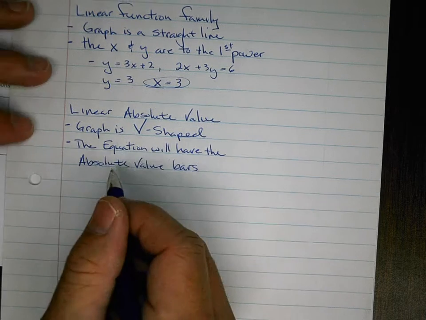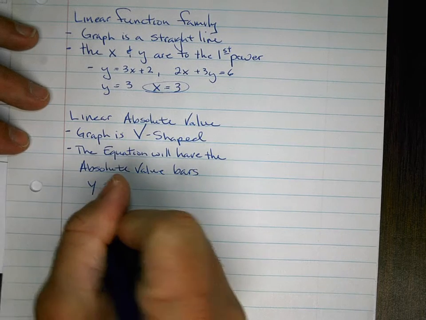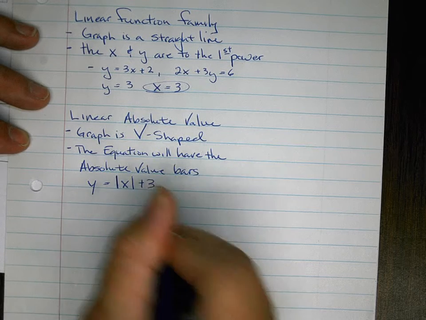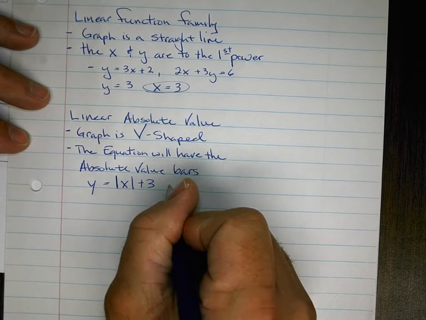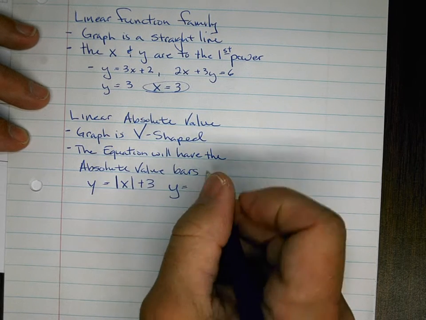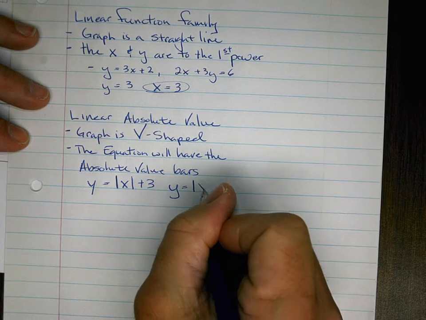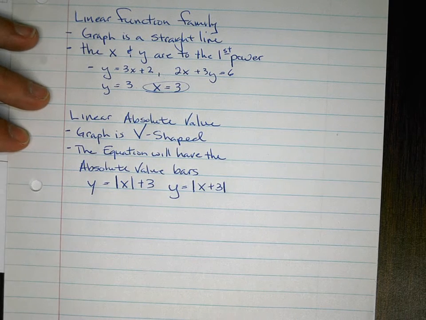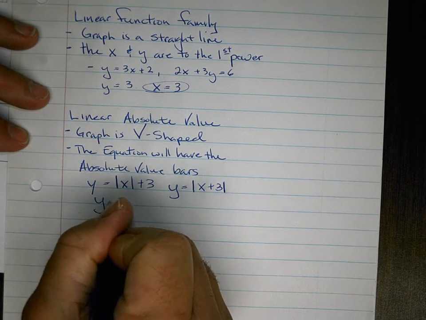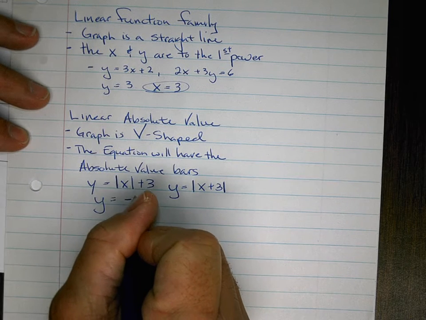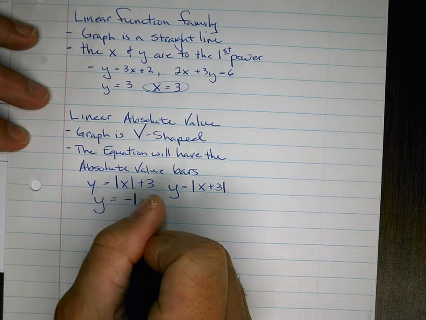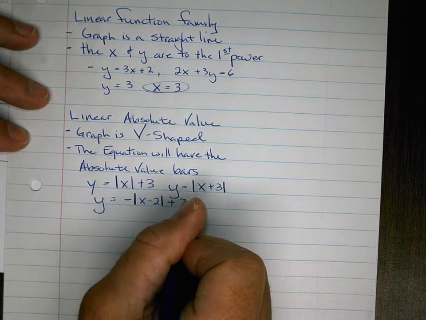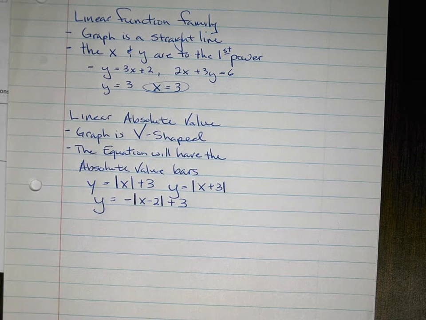Linear absolute value function family will look like this. Y equals the absolute value of x plus 3. Or we could have y equals the absolute value of x plus 3 like that. Or if we want to get really crazy, we could have y equals the absolute value of x minus 2 plus 3. And that thing will do a bunch of different changes, right?